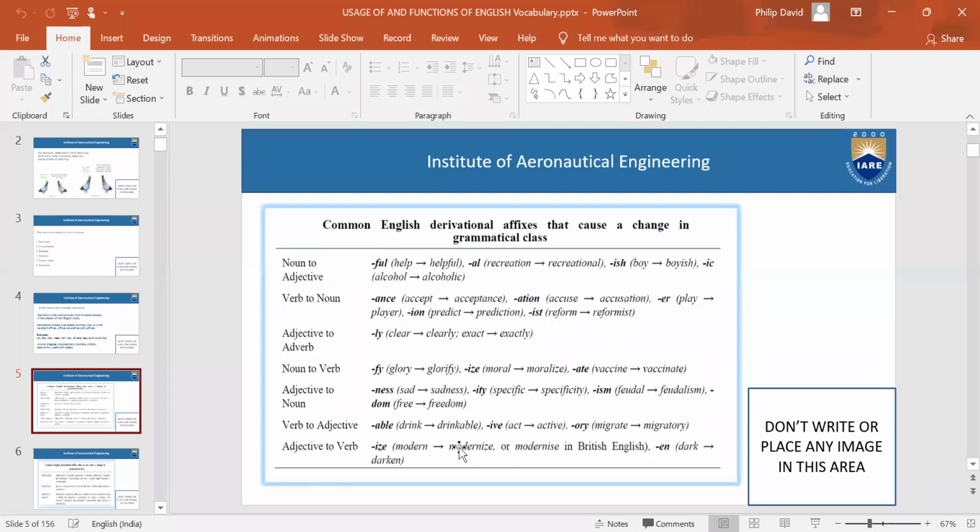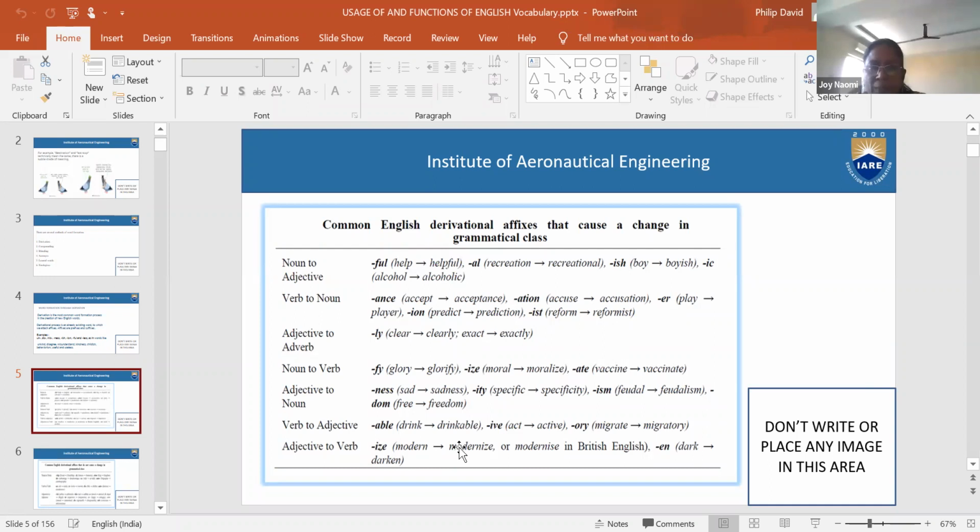In the earlier one, we have seen that new words are formed through the addition of affixes. Now, to a noun, if you add suffixes, the noun gets changed to an adjective.